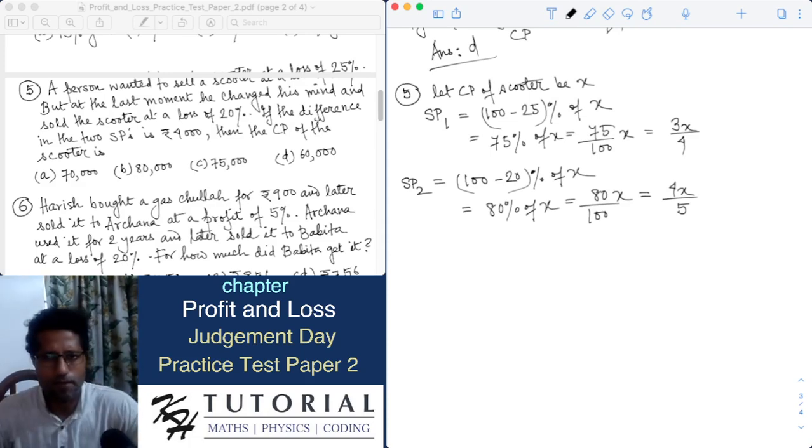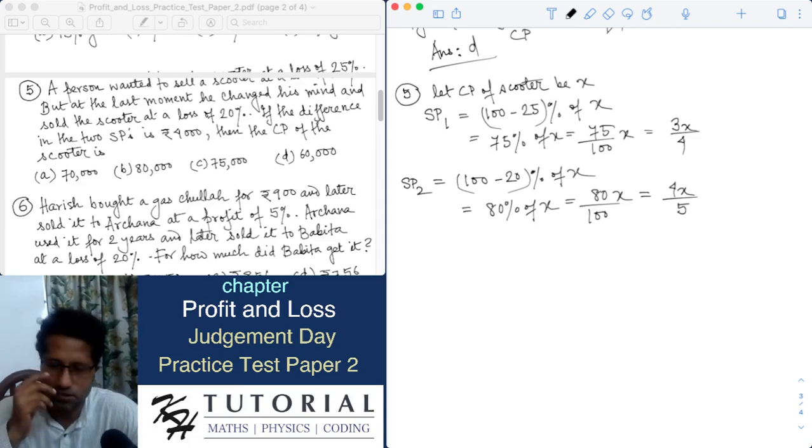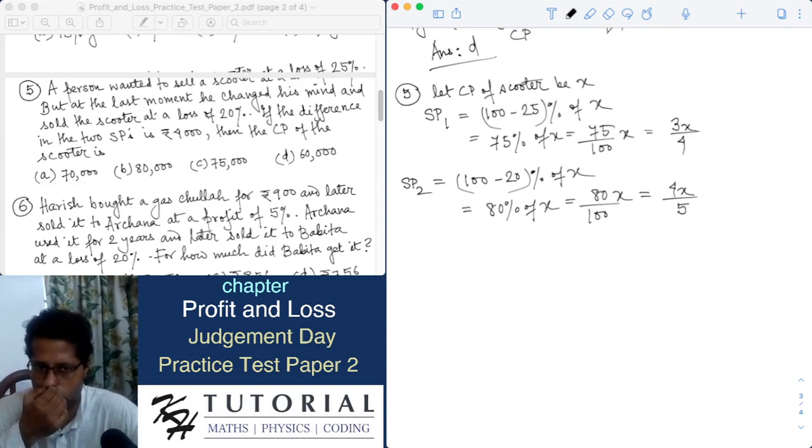Now definitely the selling price SP2 will be more because the loss is less. The second time the loss is 20%, and the first time the loss was 25%. So obviously the second selling price will be more.